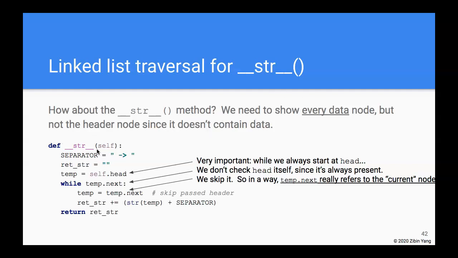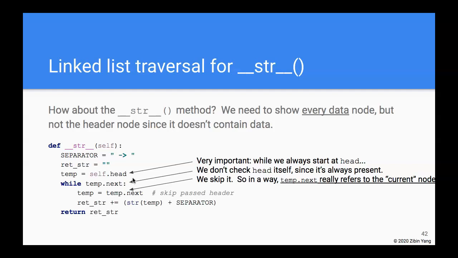The way we'll write the dunder string method is very similar to the one we wrote before for the linked list based stack, that we're going to have a pointer that points to each of the nodes in the linked list in turn. And we're going to start with the head, just like before.